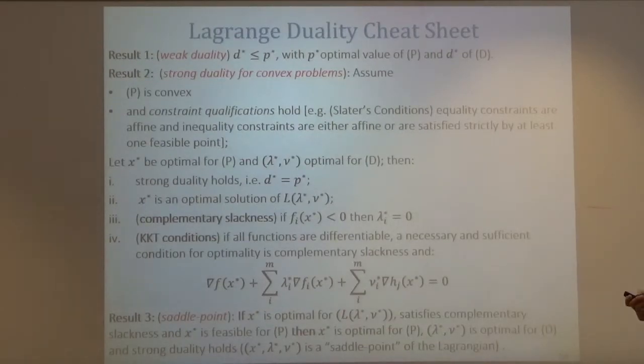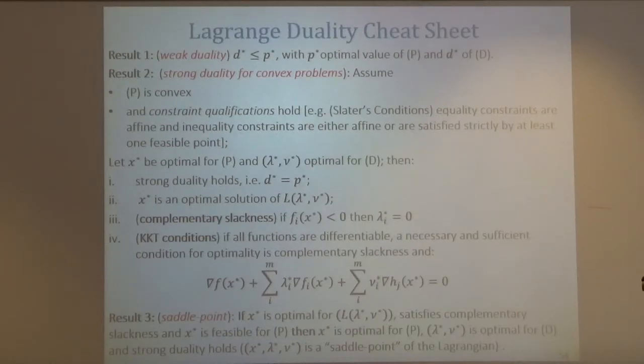Constraint qualifications are true if, remember in the problem formulation, there are equality and inequality constraints. The equality constraints are typically linear plus constant. That means they are affine, because to make the feasible set convex in practice, you need the equalities to be linear.